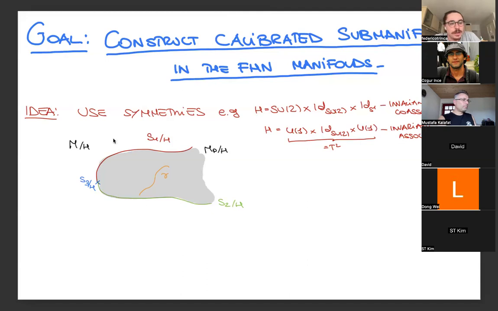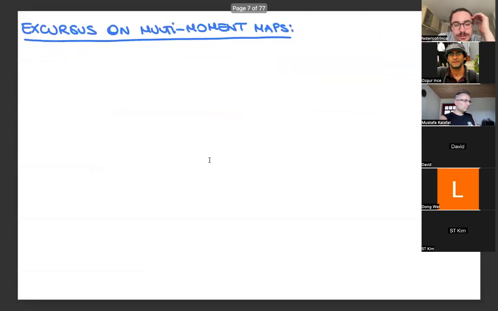So the orbit space M over H will look like M_P over H, the principal part quotiented by this H action, and some singular sets that are represented by S1, S2, and S3. Our goal is going to be to look for curves in this quotient space with the pullback of this curve in the ambient manifold M_P to be associative.